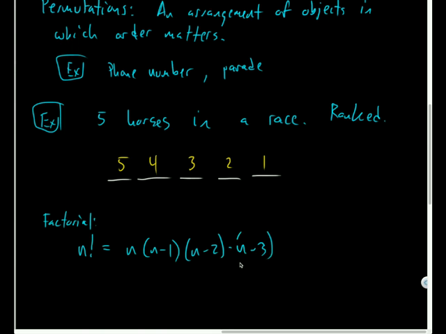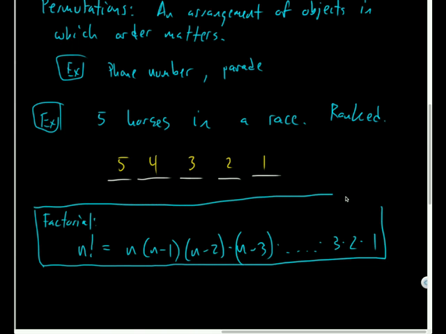So I'm multiplying it by one number smaller than itself, all the way down to 3 times 2 times 1. Now in this case, there weren't this many terms represented, but you get the idea of factorial: it's just multiplying a number by all of the numbers 1 digit less than it, all the way down to 1. And n is going to be restricted to being an integer, a positive integer as well.